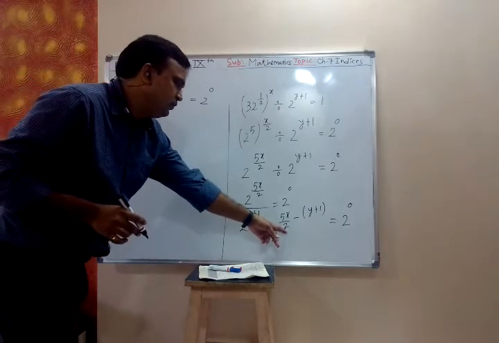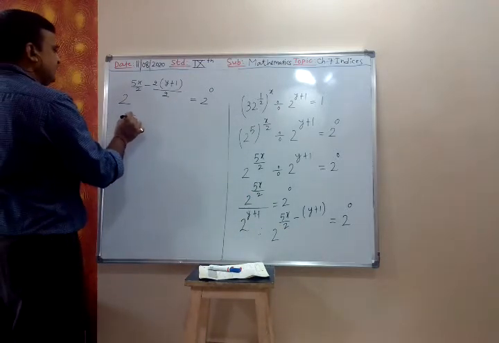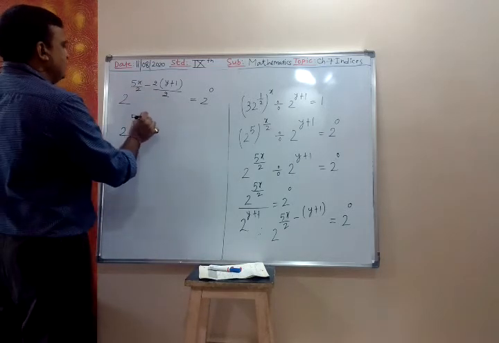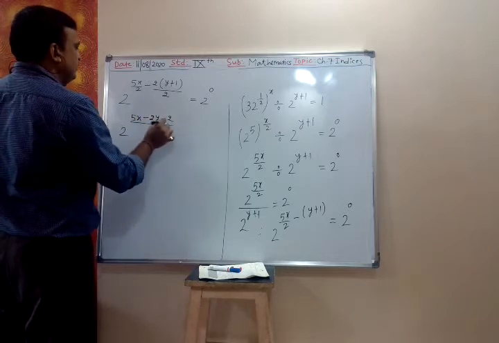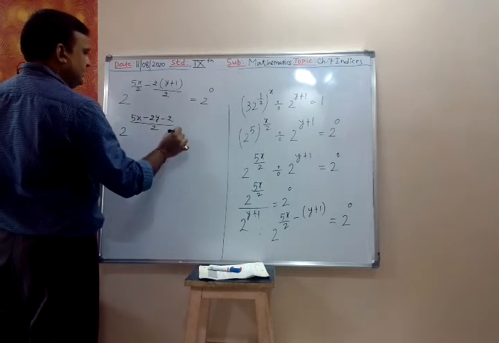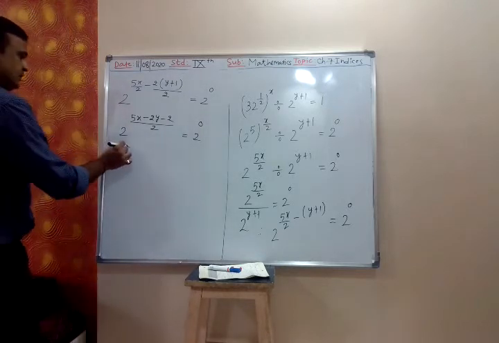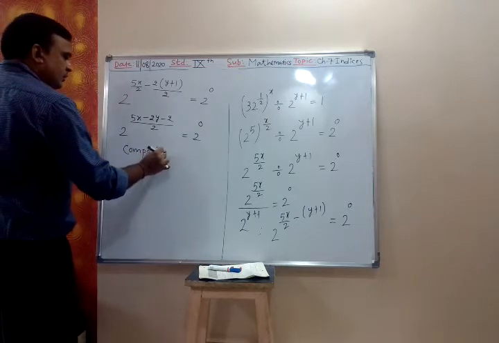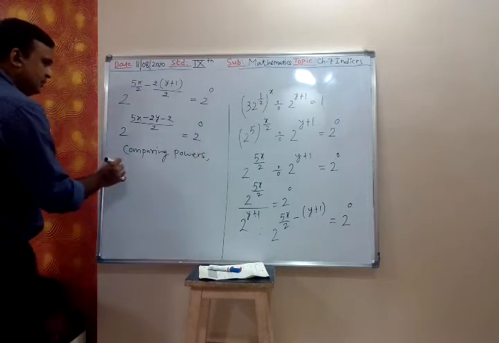So next step it will be 2 raised to 5x, denominator 2, then open this: 5x minus 2y minus 2 upon 2 is equal to 2 raised to 0. Now I will compare the power. So comparing powers, what will you get?